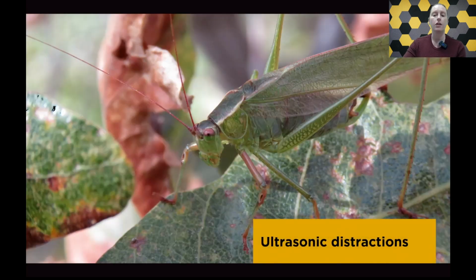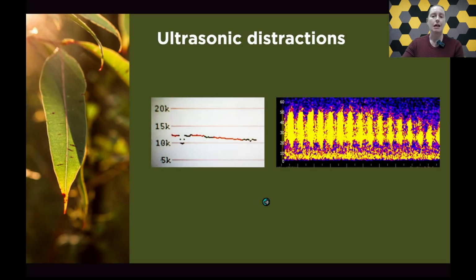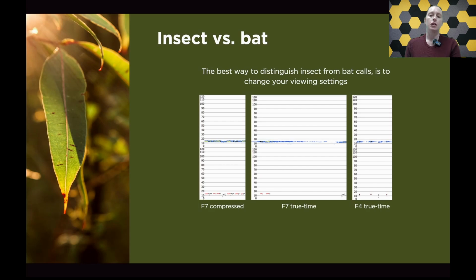So let's talk about ultrasonic distractions, and there are a lot of them. Here's a couple of examples. This is often one you'll see in your recordings, and this is a nice zero crossing one. I actually found this one in the wild, a little smiley face. But the most common frustrating factor when you're analysing bat calls is insects versus bat calls.